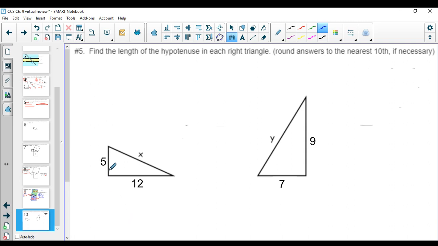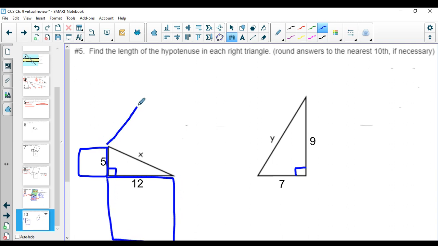So here we have a right triangle in both cases. So we're just going to find the length of the hypotenuse. We can't do that without finding the squares. So we do 5 squared, we do 12 squared, and when we add those together, we get the square out here.